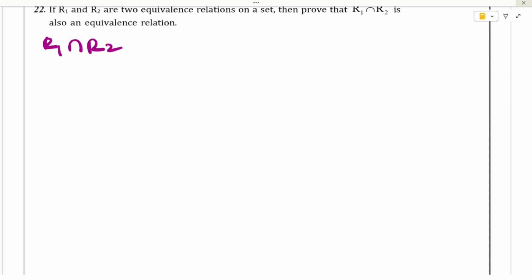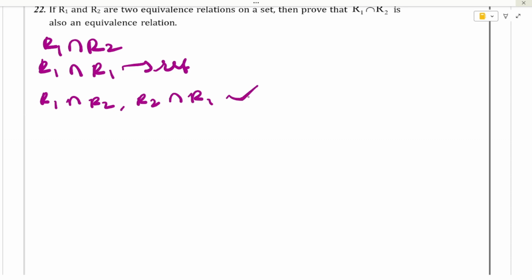Next question they have given is R1 intersection R2. Now that is also what? It is reflexive. If you consider R1 intersection R2, it is reflexive. And for symmetric also, R1 intersection R2, that means R2 intersection R1 is also true. That means it is symmetric.